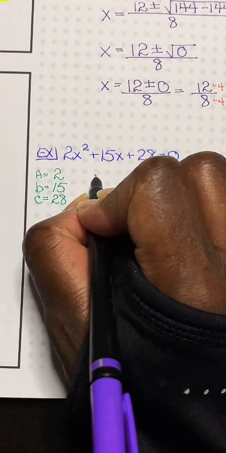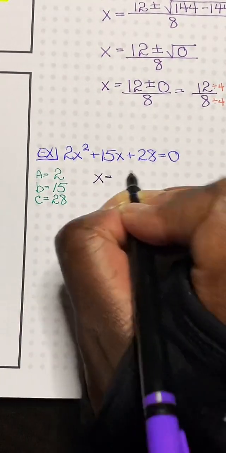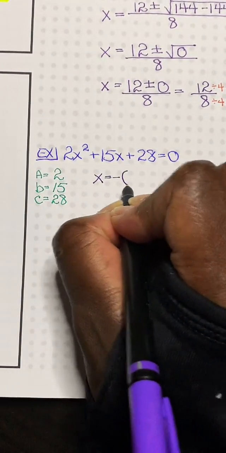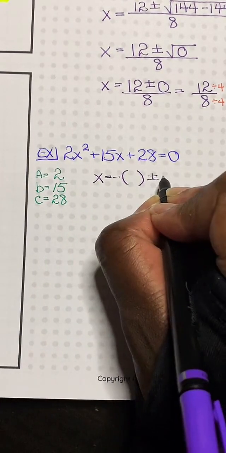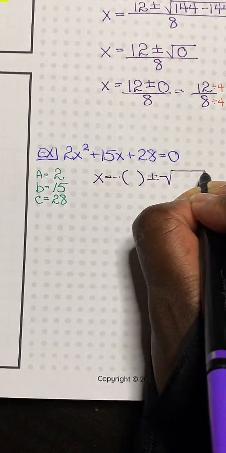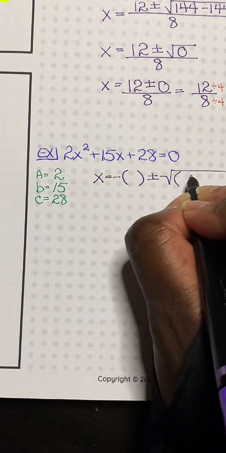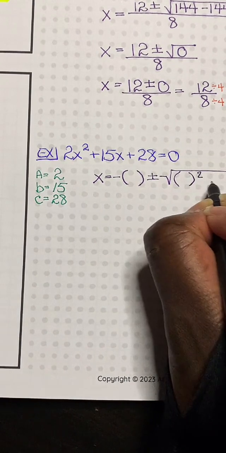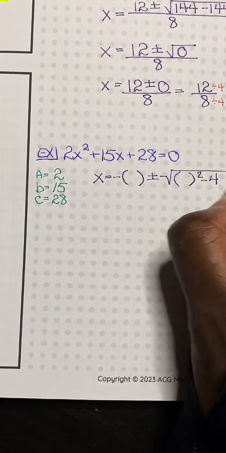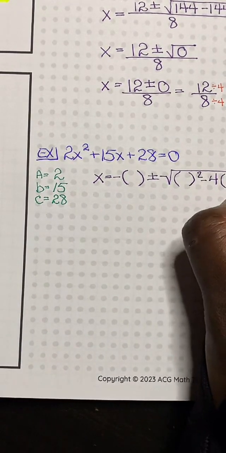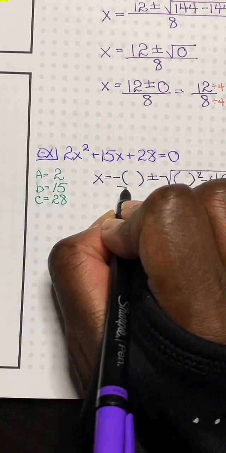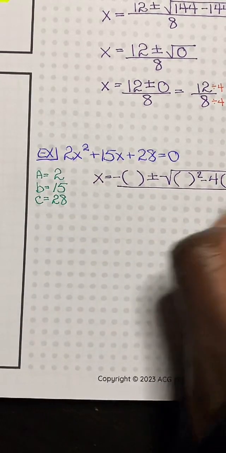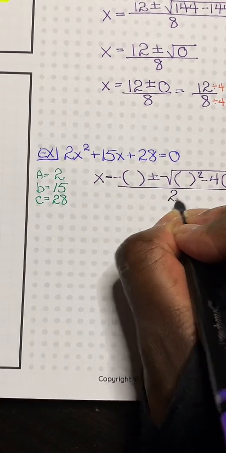We've got x equals negative b plus or minus the square root of b squared minus 4ac, all over 2a.